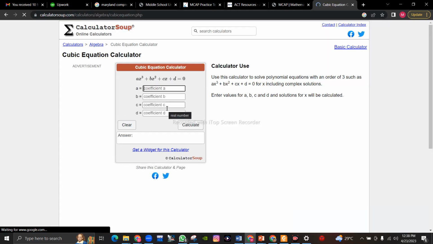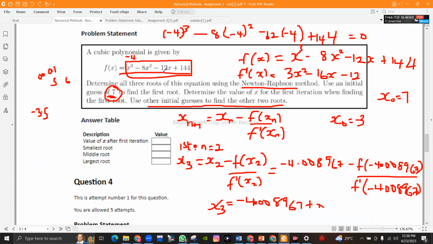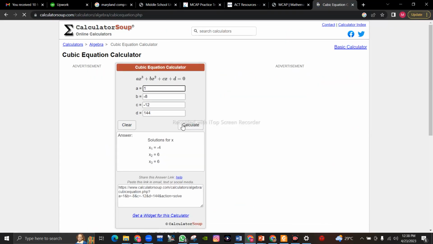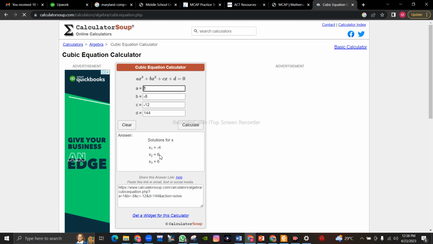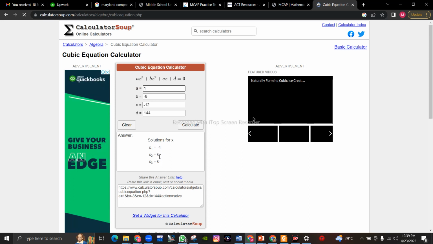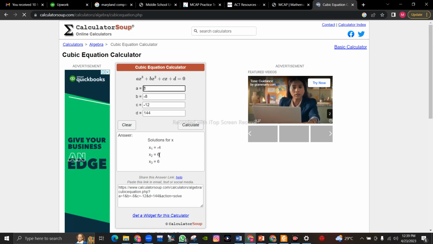For that question, our A is 1, our B is minus 8, our C is minus 12, and our D is 144. Calculate this. We get minus 4, 6, and 6, showing that we have two equal roots. The smallest one is minus 4, the middle one is 6, and the largest one is 6. So that's how it is.